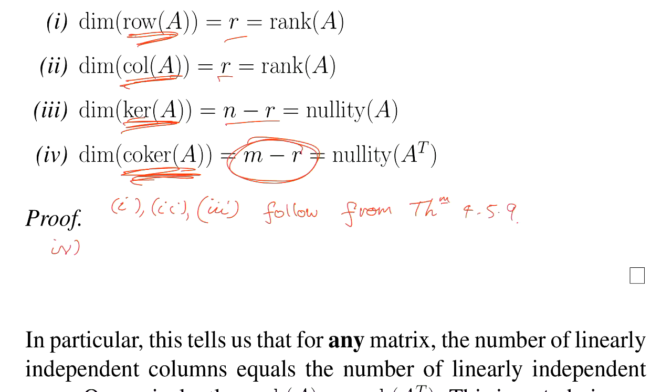And we get 4 just by considering transposes, right? So let's let B be A transpose. Now, B is just some matrix. So the rank of B is, from our theorem, the dimension of the column space of B. But what's the column space of B in terms of A?